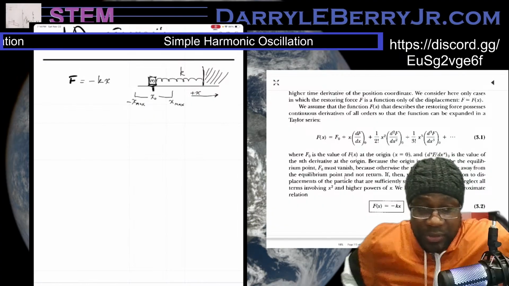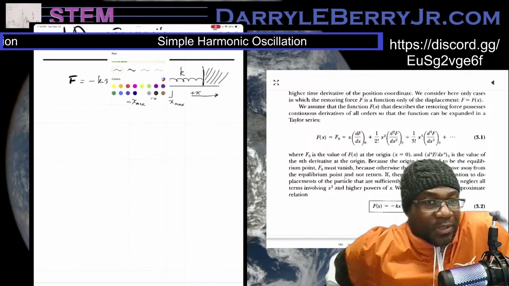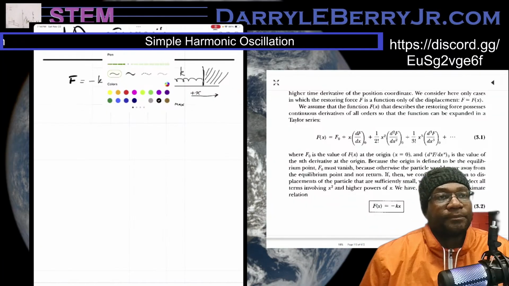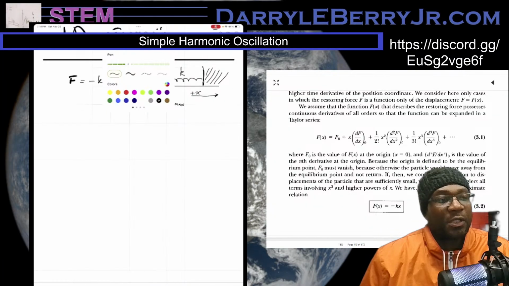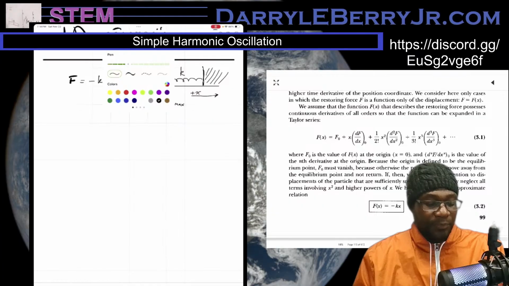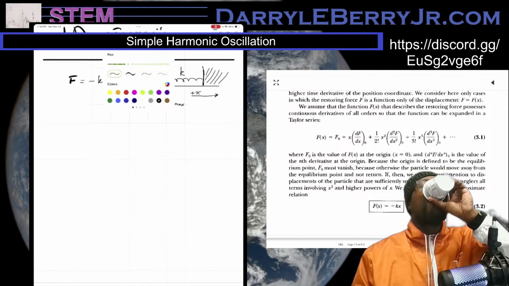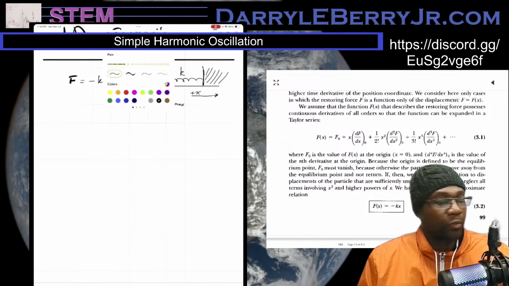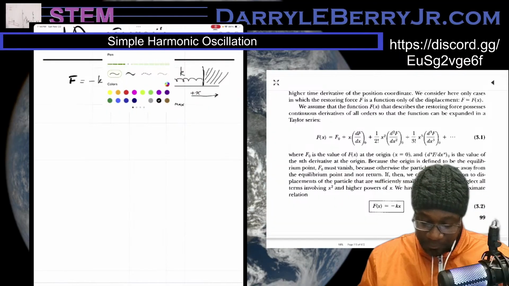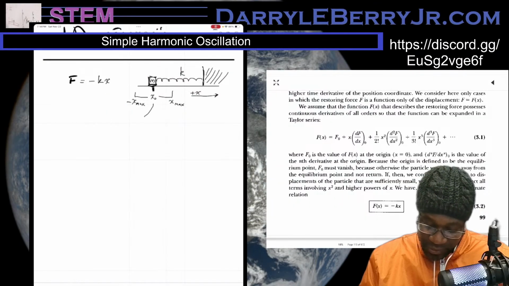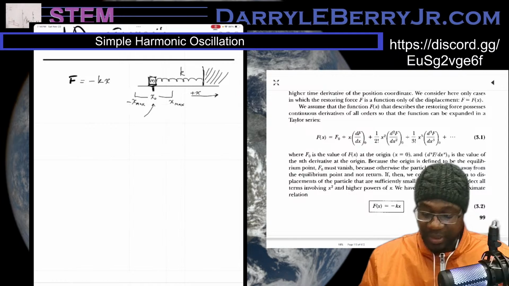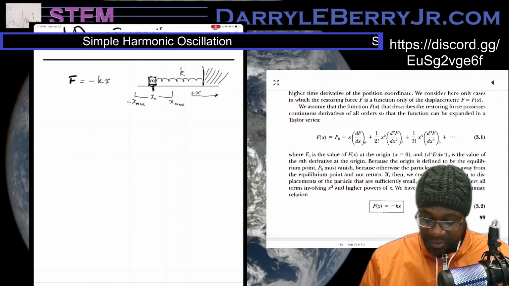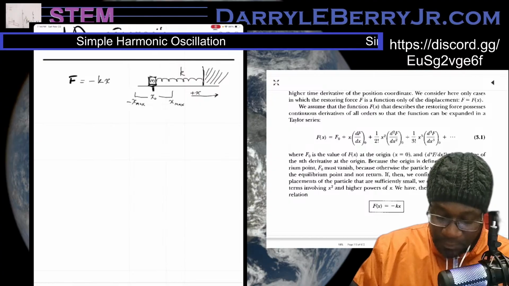And it's just that the higher terms are smaller. So interestingly enough, we just have a force. We expand the term in the Taylor series, and at the center point F is 0. Obviously it wouldn't be able to stay in equilibrium, and the higher terms cancel out, so it ends up being linear.